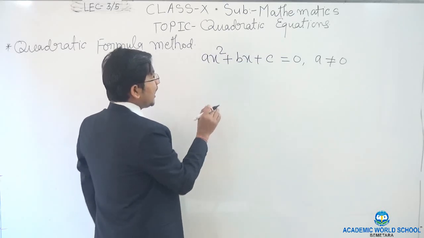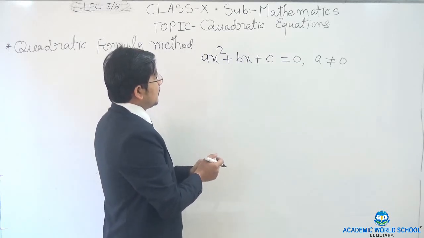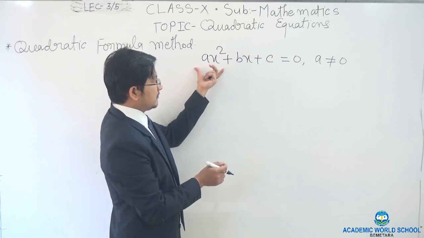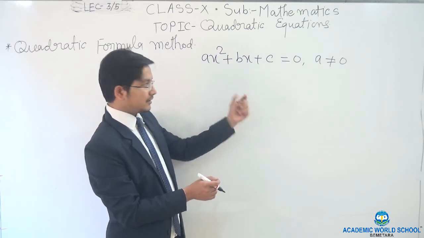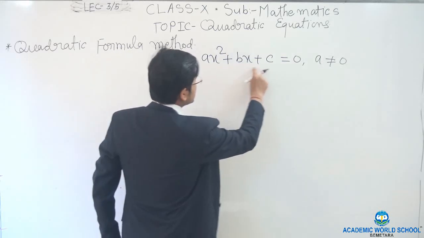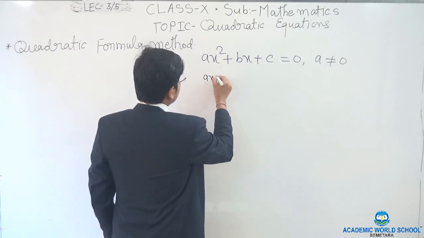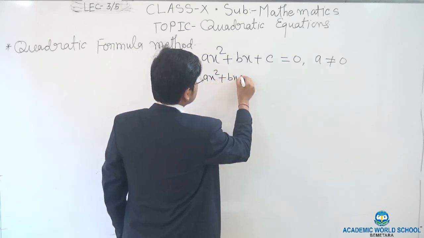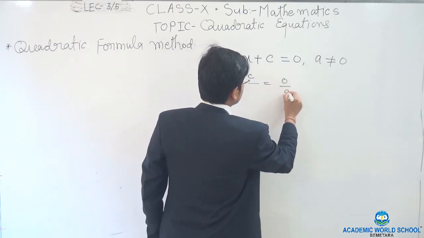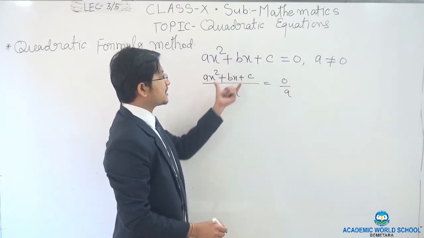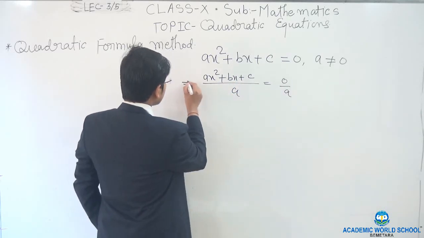As we have done in the completing square method, we will solve this the same way. I am going to divide both sides by a. So ax square plus bx plus c, divided by a, and 0 divided by a.